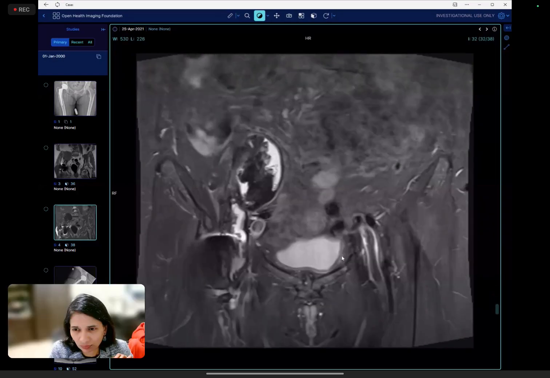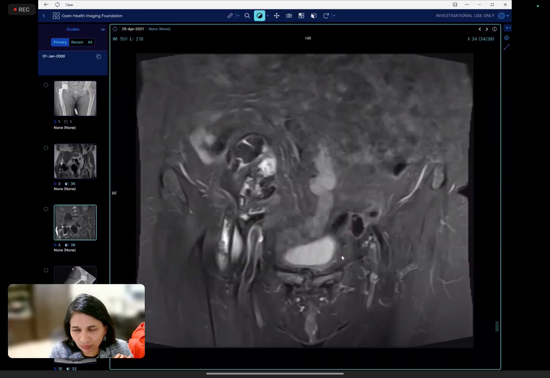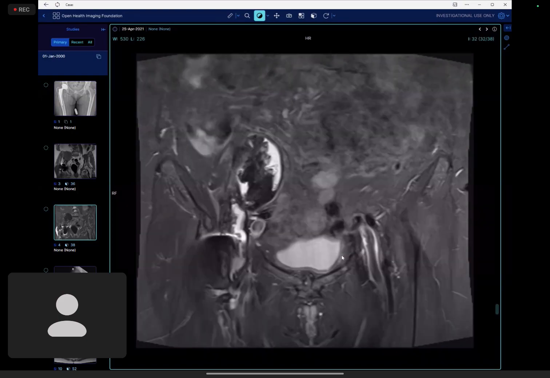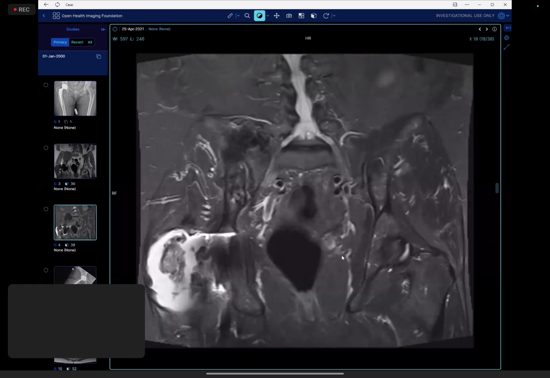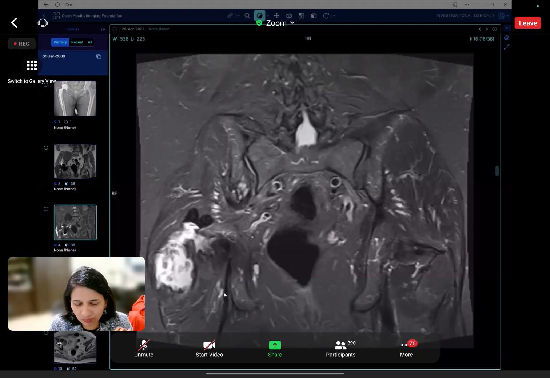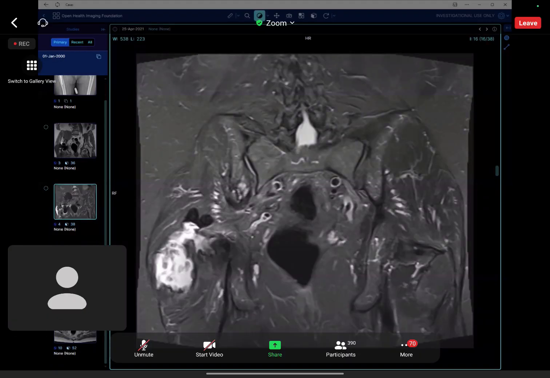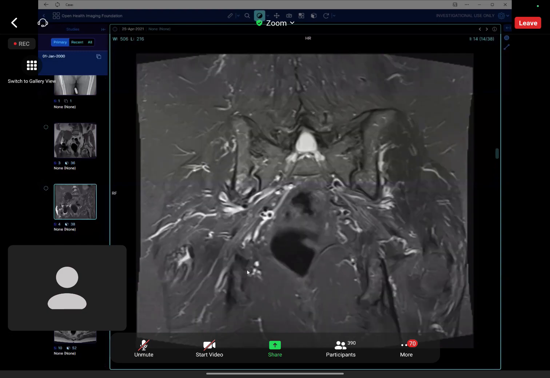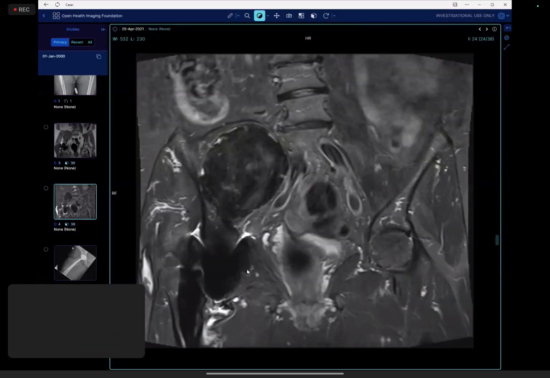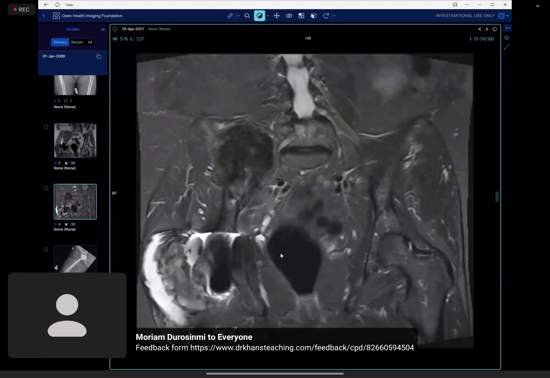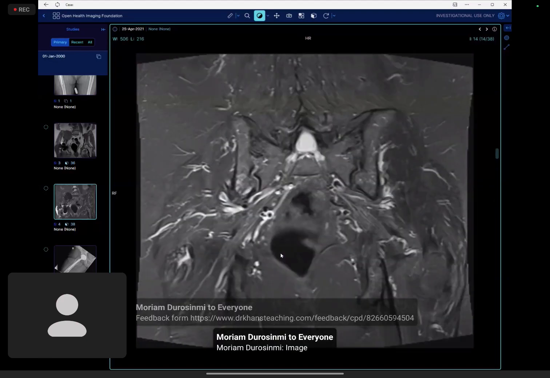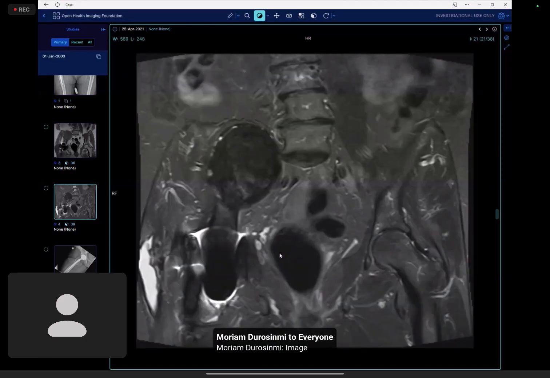So I would do a contrast study to see whether there's any enhancement within this lesion. There's no enhancement of this lesion. So then I would think of an aggressive granulomatous lesion post hip replacement.